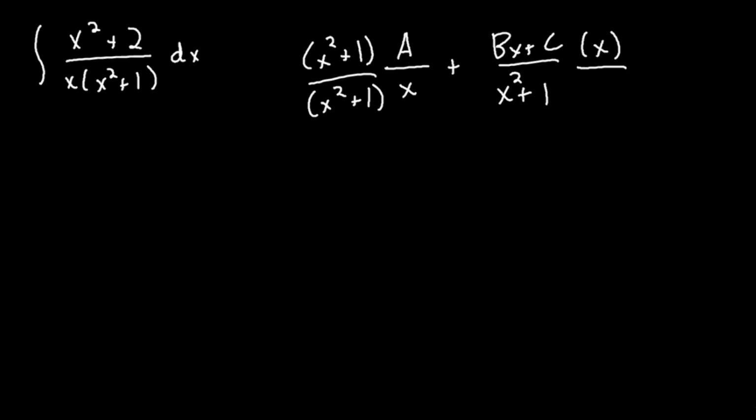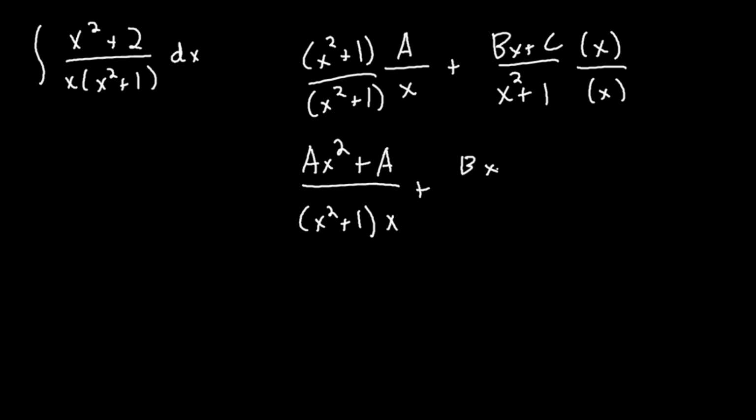So we multiply the a fraction by x squared plus 1 over x squared plus 1. We multiply the b fraction by x over x. All right, now that we have that, we have ax squared plus a over x squared plus 1 times x, and we have bx squared plus cx over x squared plus 1 times x as well.